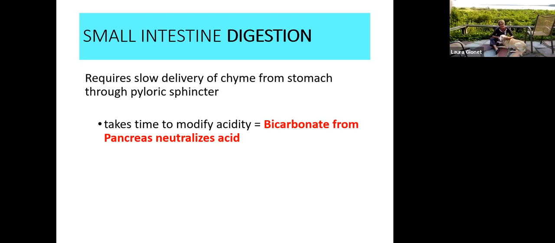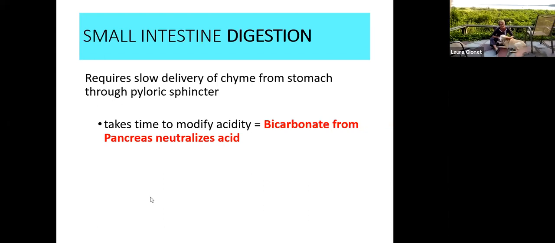You don't want to burn holes in the walls. Otherwise, you're going to create an ulcer, not like a duodenal ulcer. But you also remember that the enzymes from the pancreas are proteins, and proteins denature, breaking their hydrogen bonds, when you have a low pH environment.